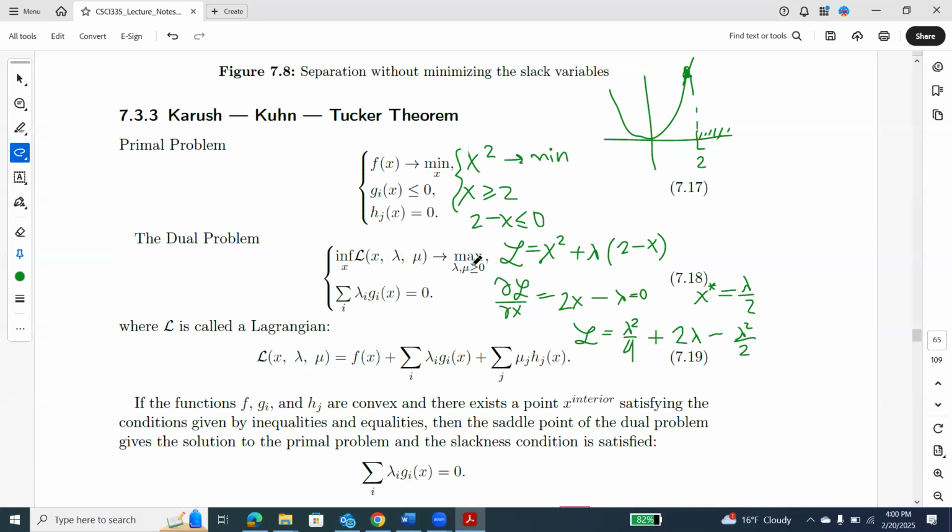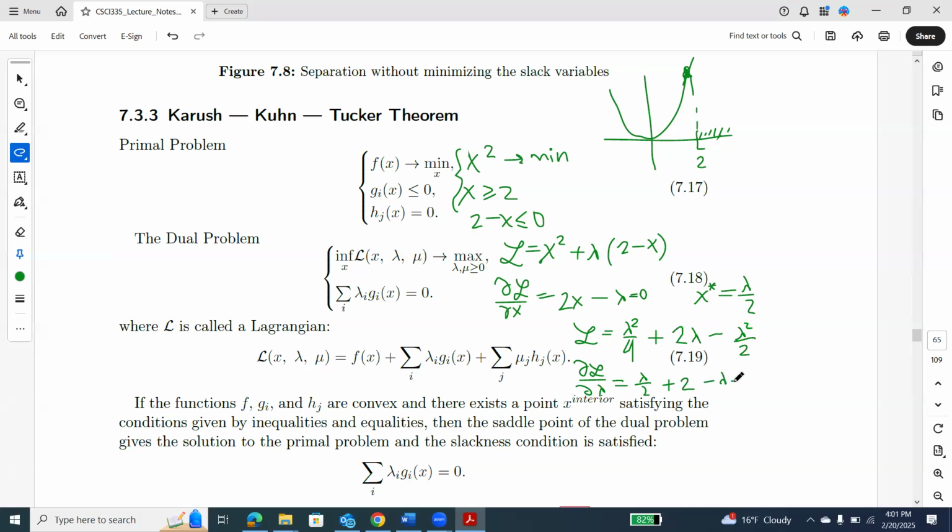And finally, we maximize this function with respect to lambda. So we take the derivative again. You can see I just take derivatives. I don't care about constraints anymore. It will be minus lambda over 2 plus 2.